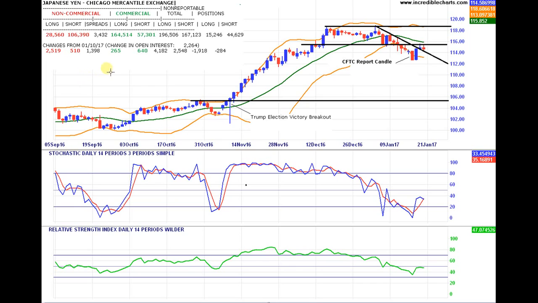Commercials on the other side, 164,514 bullish bets on the yen, 57,301 bearish bets on the yen. So they're 3 to 1 bullish in terms of their ratio on the yen, or basically wanting to be short USD JPY. Now, this is the latest report.